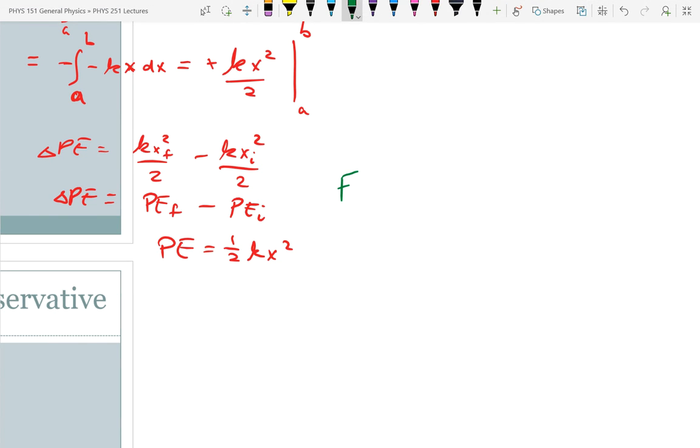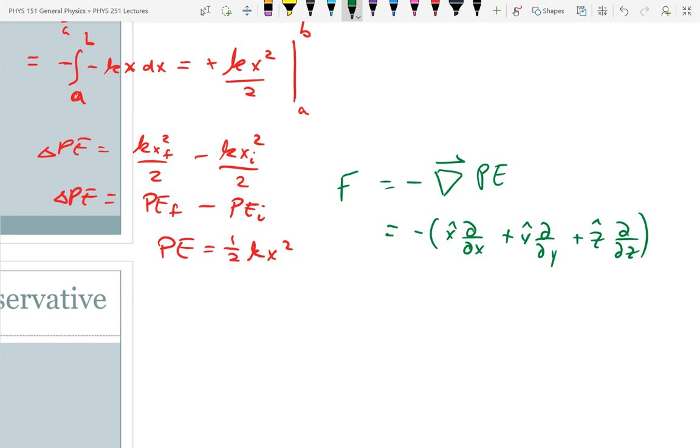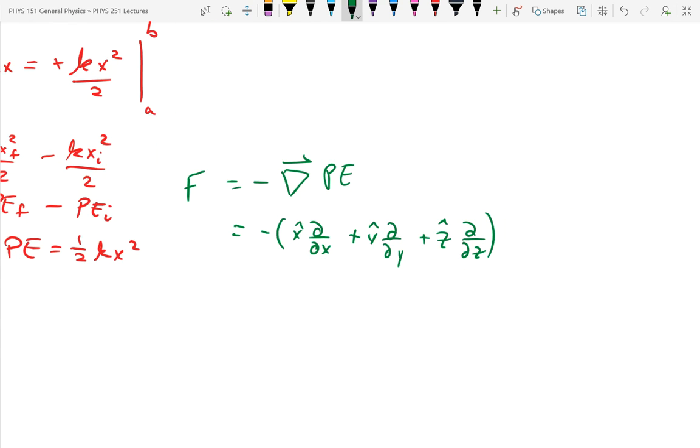The force is equal to minus the gradient of the potential energy, which is going to be minus x hat d dx plus y hat d dy plus z hat d dz of 1/2 kx squared. So we have three derivatives to take.